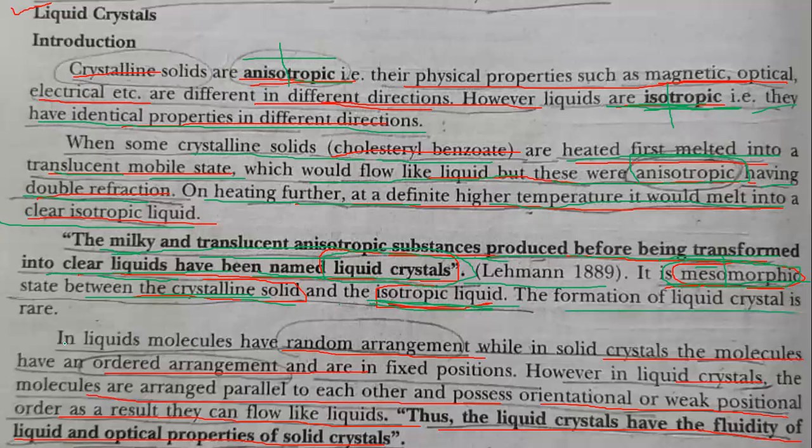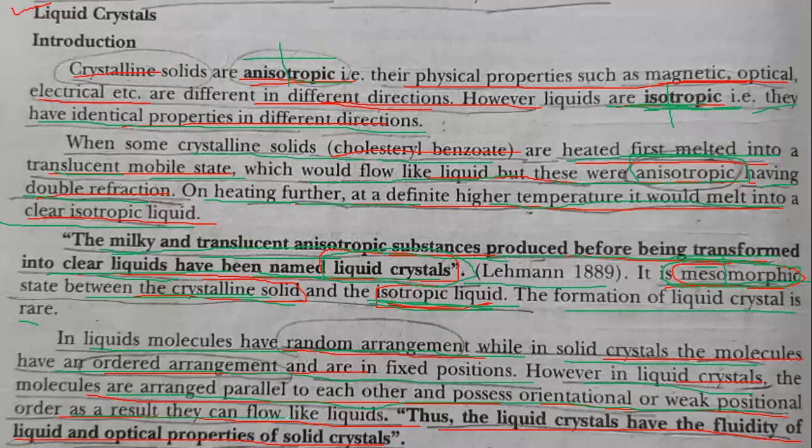So the formation of liquid crystal is rare. In a liquid, molecules have a random arrangement, while in a solid crystal, molecules are arranged in an ordered manner. Their position is fixed. However, in a liquid crystal, the molecules are arranged parallel to each other and possess orientational or weak positional order.